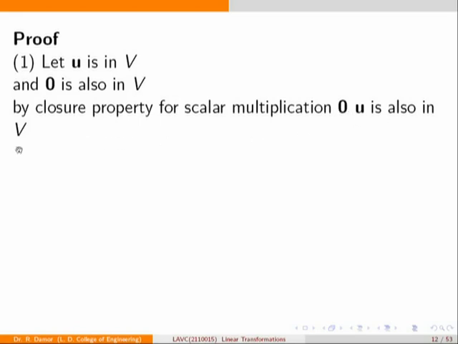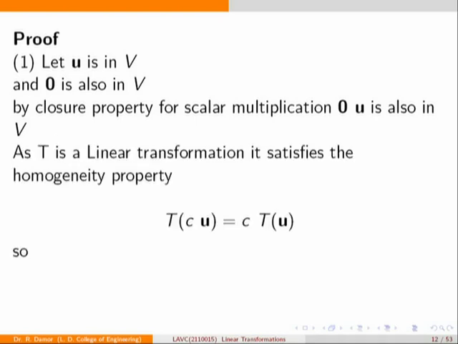Now 0 into u is in V, and T from V to W is a linear transformation, so it satisfies the homogeneous property. What is the homogeneous property? For any scalar multiplication with this vector, T of Cu can be written as C into T of u.